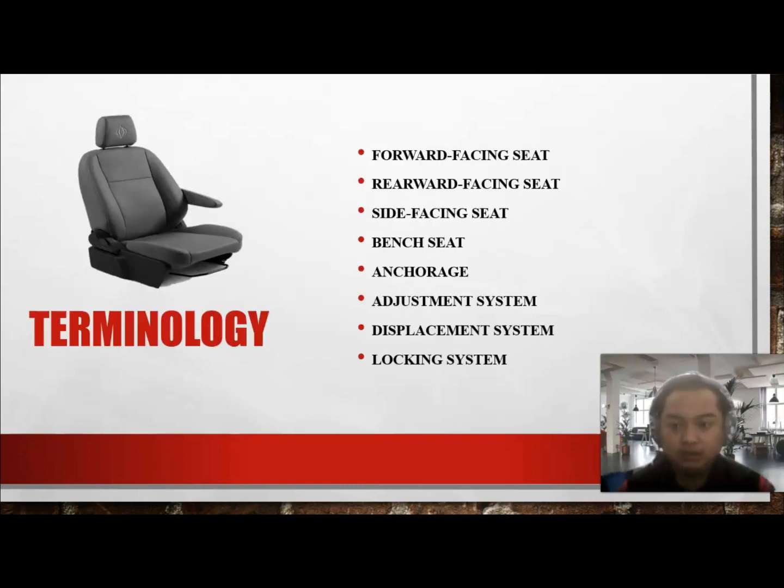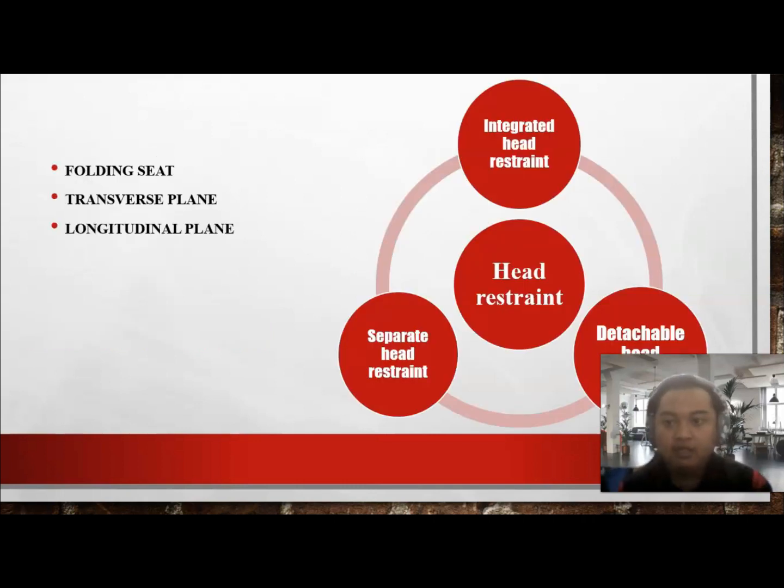So, the terminology. This terminology has 12. Okay. So the first is forward facing seat, rearward facing seat, side facing seat, bench seat, anchorage adjustment system, displacement system, locking system, folding seat, transverse plane, longitudinal plane, and head restraint.